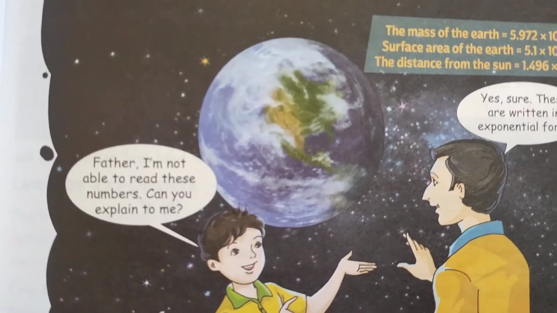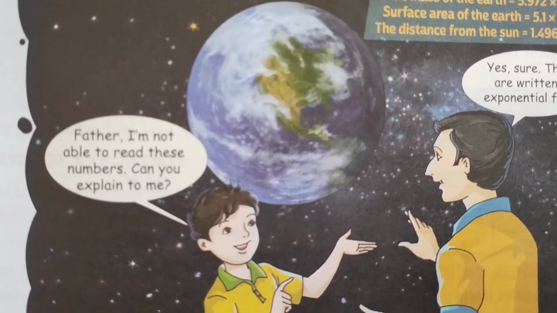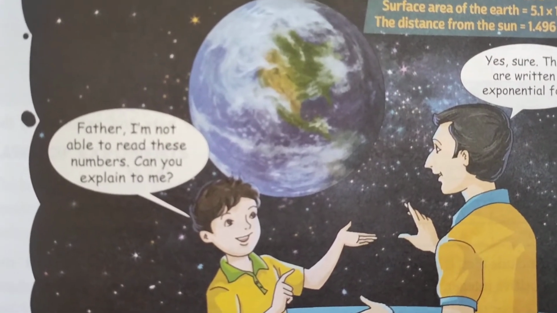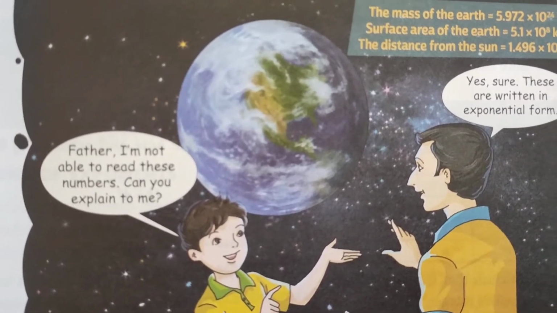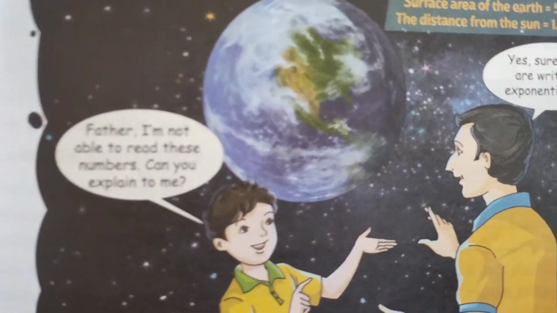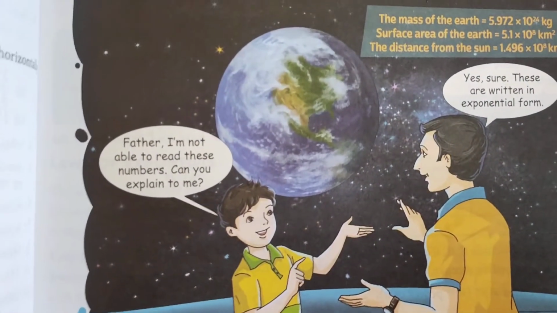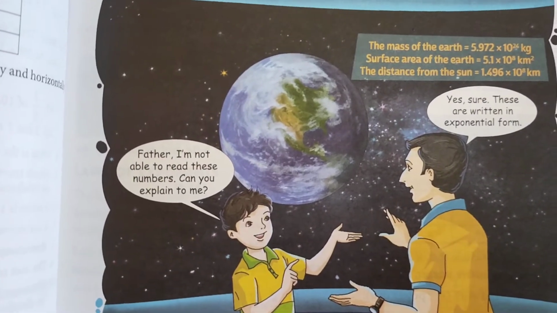Surface area of the earth is equal to 5.1 into 10 to the power 5 kilometer square. The distance from the sun is equal to 1.496 into 10 to the power 6 kilometers. I read these values, but the child is asking the father, as he doesn't know that.